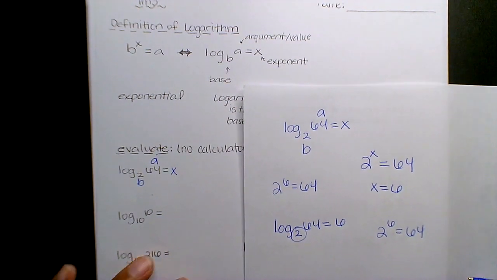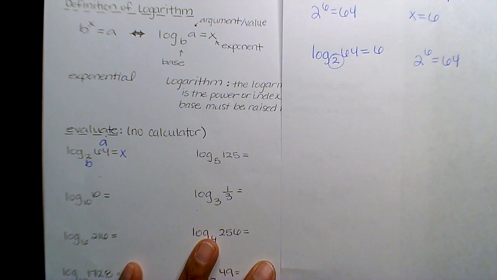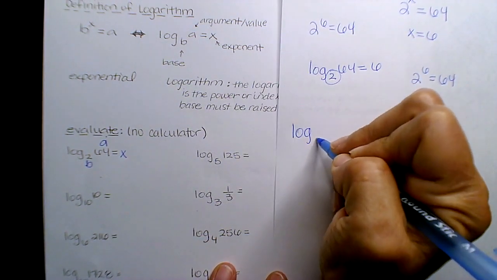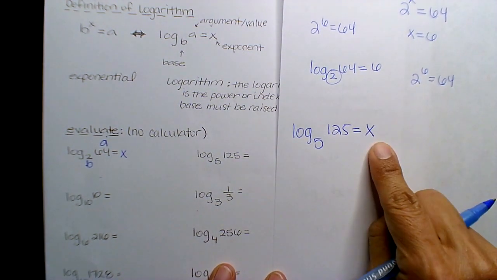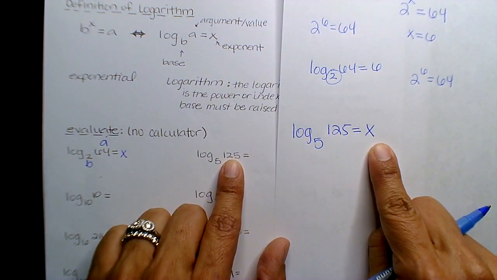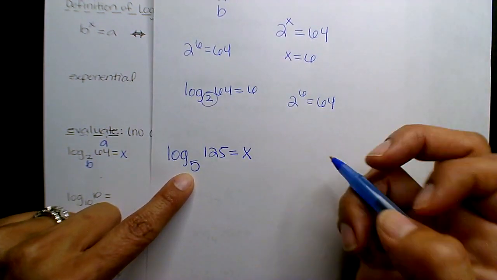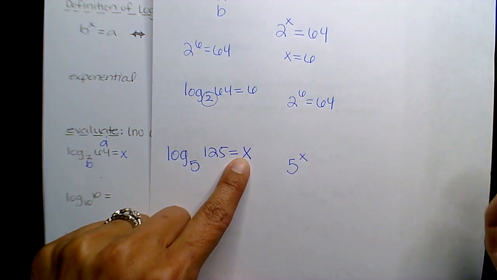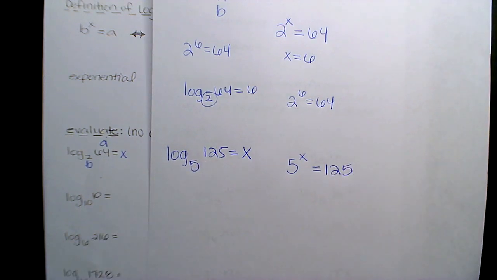Okay, so now let's do log base 5. If you have log base 5 of 125, remember, what you're looking for is x. If this is your base 5, 5 to what power or what exponent is equal to 125? 3.